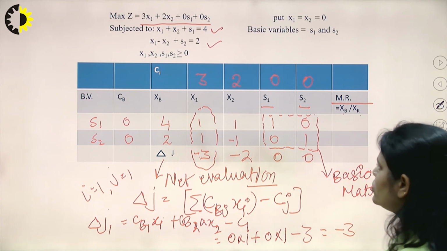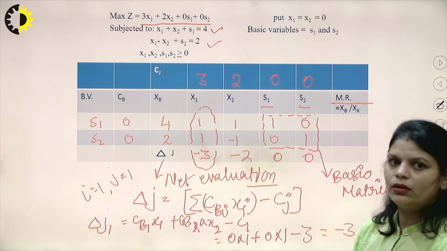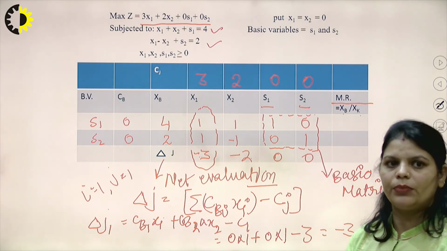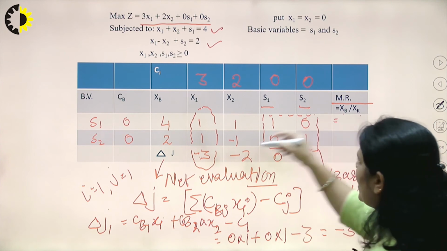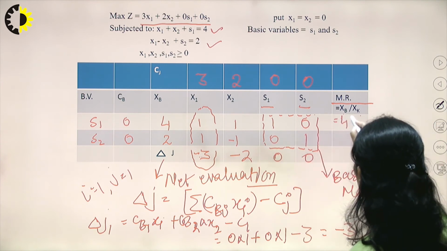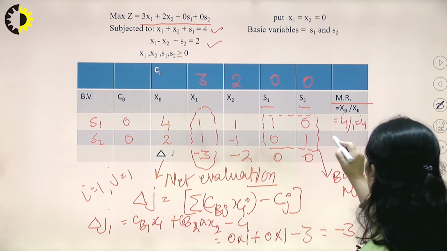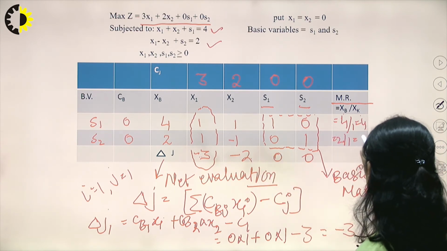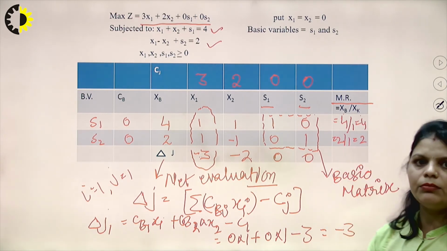Clear? Now we have the key column and we can find out the value of MR, that is minimum ratio. So what will be the value of minimum ratio here? XB is 4, XK is 1, so 4 divided by 1 is equal to 4. Clear? And here we will get 2 divided by 1 is equal to 2. So these are the values of minimum ratio.